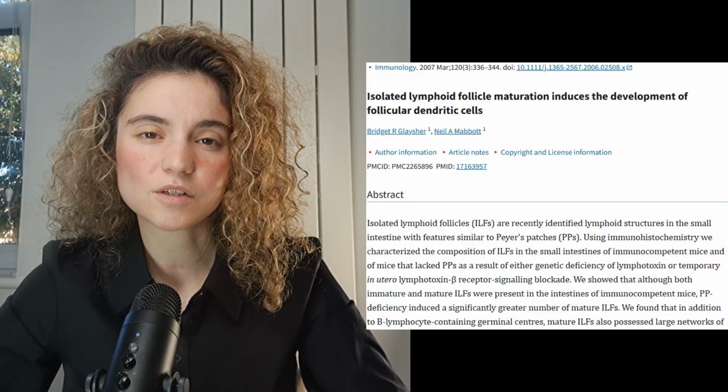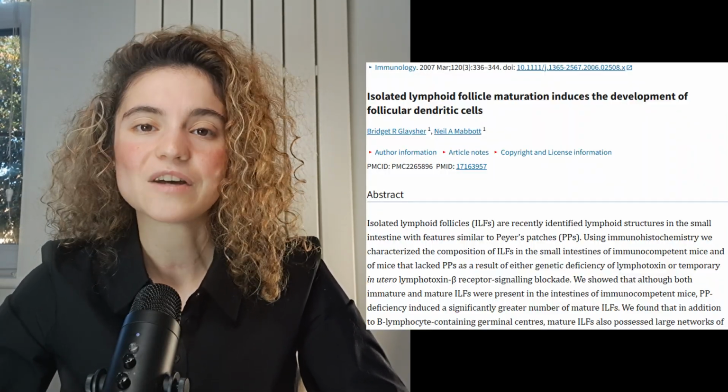This includes things such as germinal B and T cells, as well as follicular and dendritic cells, and these are all located beneath a special layer of the gut called the epithelial layer. This also contains microfold cells. So ILFs are really important for mucosal immunity, contributing to homeostasis and immune surveillance in the intestines.